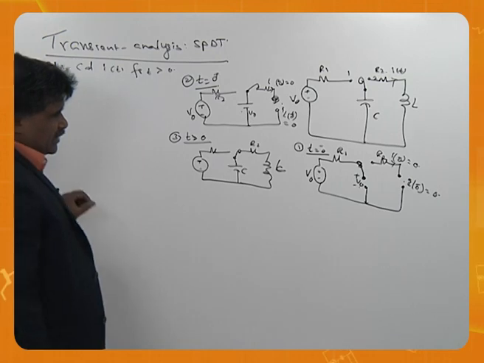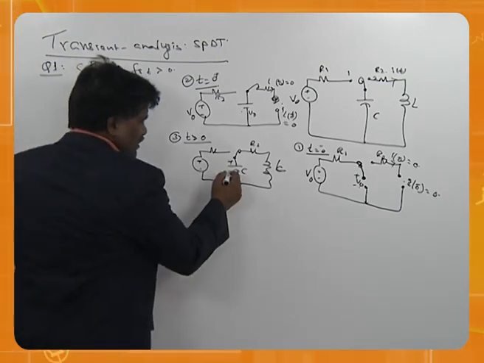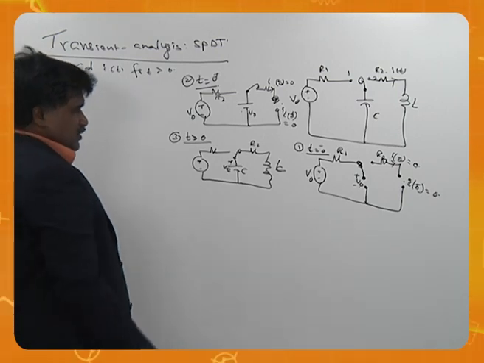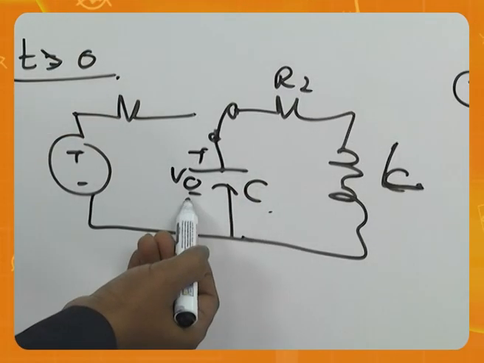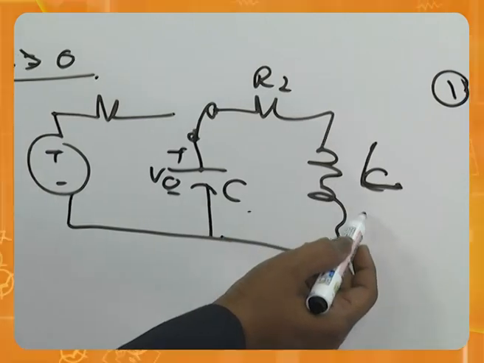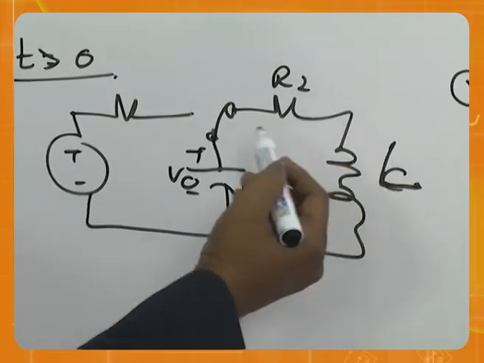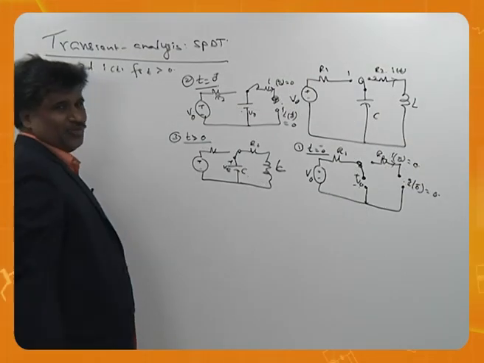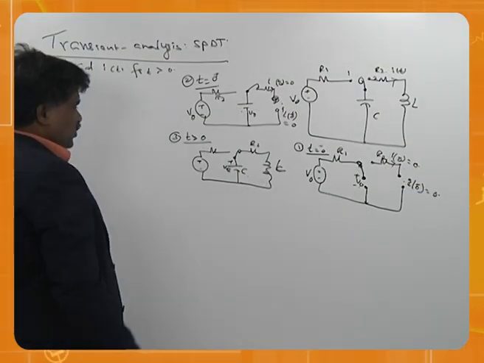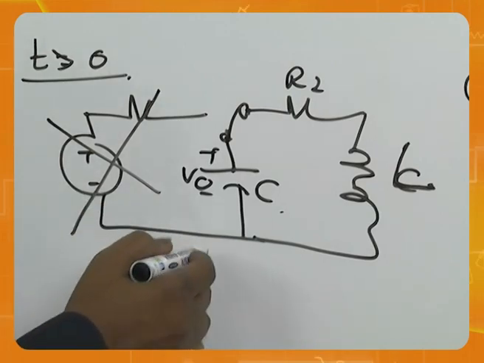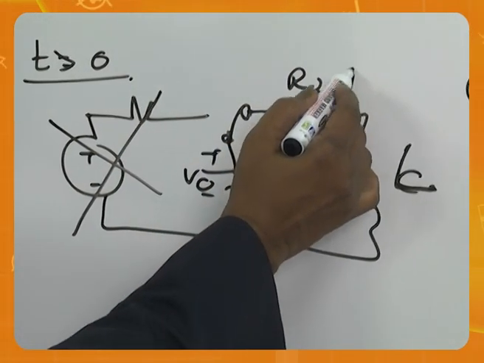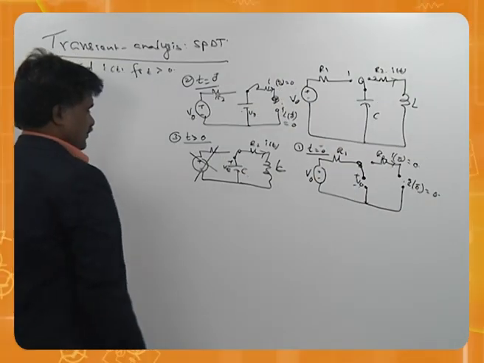Whatever the voltage is here, you can keep it here. So this is a capacitor having voltage. This is an inductor without any current. The inductor has no current, the capacitor has full voltage. Though this voltage source is not connected, this is connected. And as we have been saying, this will be called i of t.